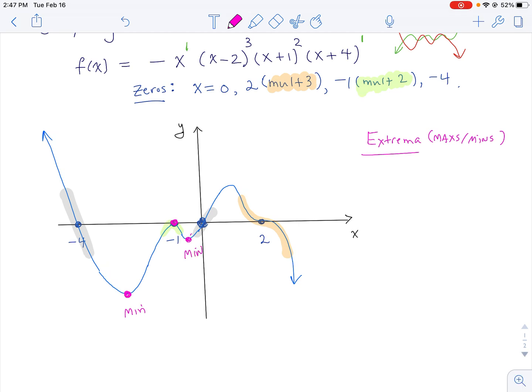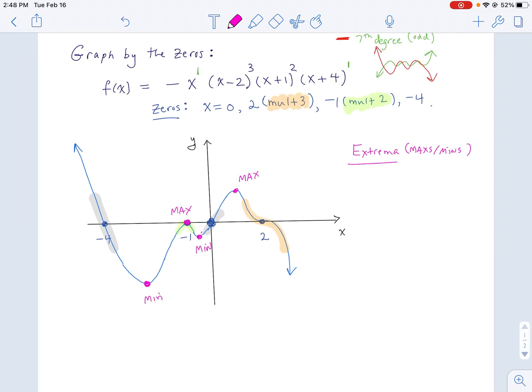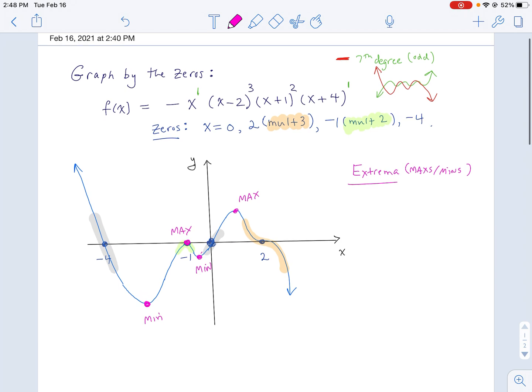There's a maximum here at the x-axis at negative 1. That's a max point. There's also a maximum here. Again, we're not sure of that location, and that's something you find in calculus class. So here we had 4 what are called relative extrema. It's worth noting that a 7th degree can have as many as 6 extrema. This one just happens to have 4, but you can have as many as 6.